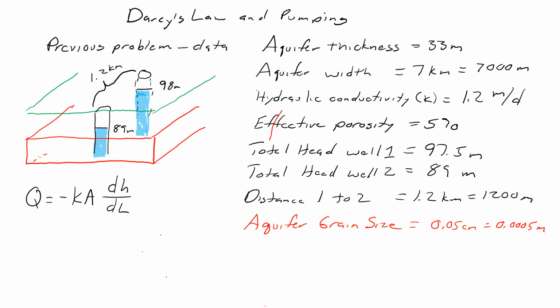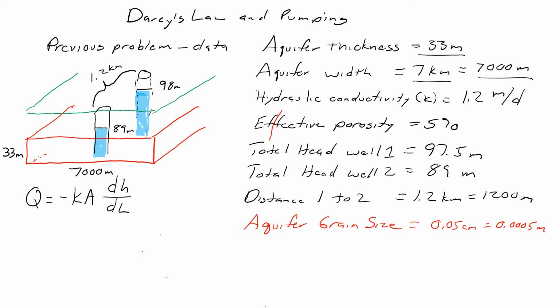So the previous problem that we attempted, what I've done on this slide is I've put the pertinent data that I gave you in the previous problem. Remember, the aquifer thickness is 33 meters thick, and the width of the aquifer is 7 kilometers, or 7,000 meters.